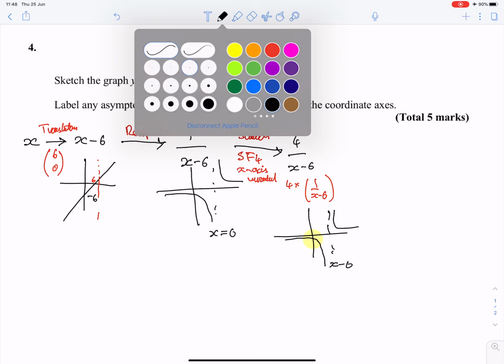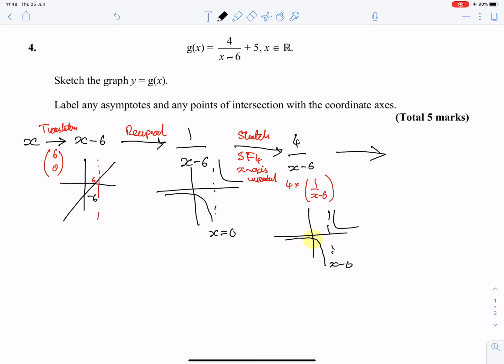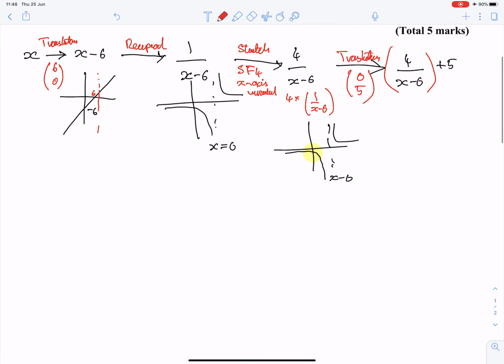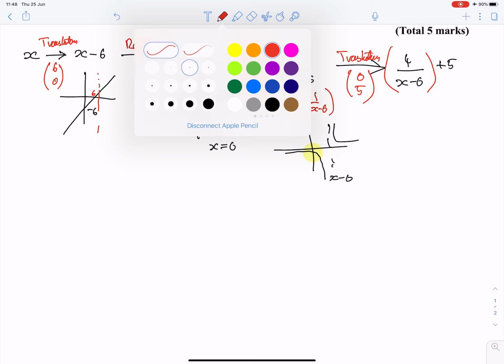Now we're going to add on the 5, so 4 over x minus 6 plus the 5. That is outside the function, outside the shape. We're adding 5 onto it, so it's going to be a translation of 0 across and then 5 up. So we should now be able to draw our final answer.